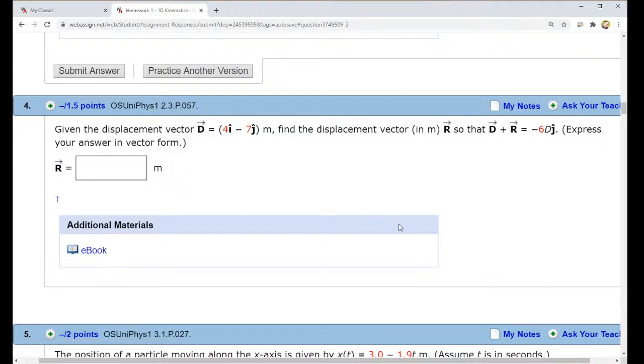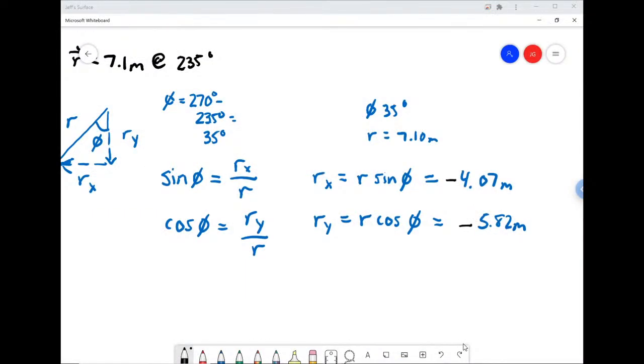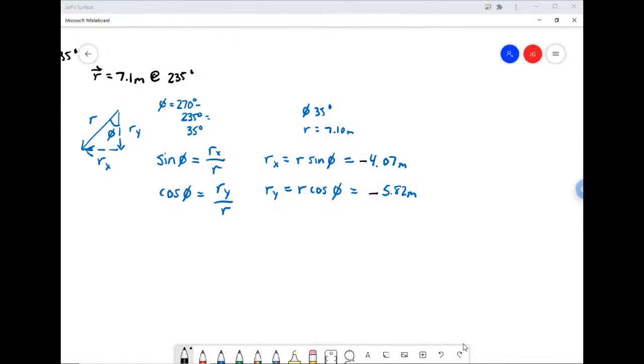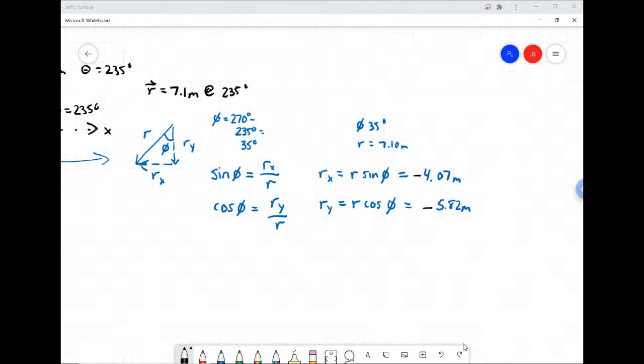The next problem deals with vectors. Well, let me go back. This might be a helpful thing to remember. I said one way you could represent this vector is in polar coordinates, like so.